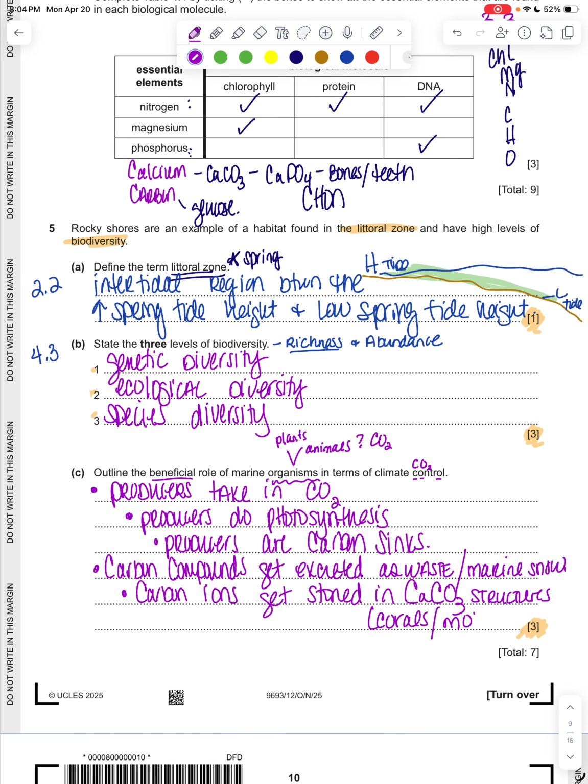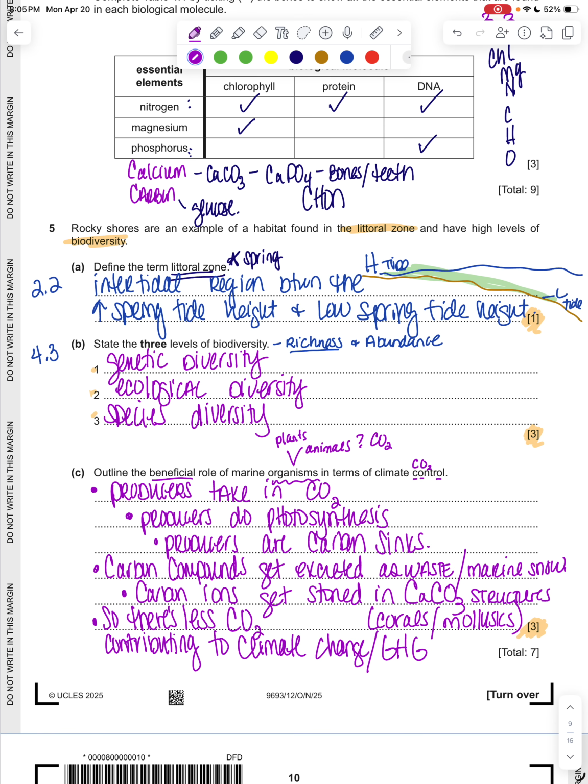Corals or mollusks. So there's less CO2 contributing to climate change. You could say greenhouse gases.